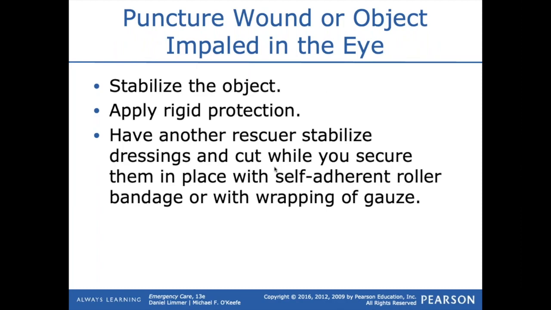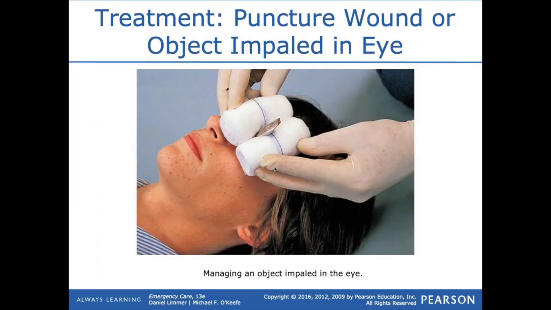In the eye. So in the eye, same thing. You want to secure this. The other thing you need to do with this is cover the opposite eye. Pupils should react equally together, but eyeballs also move equally together in 99.9% of the population.